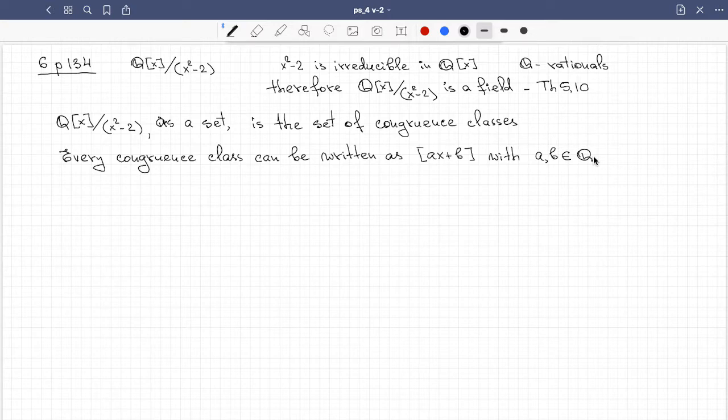Now, the book asks why this is the case.